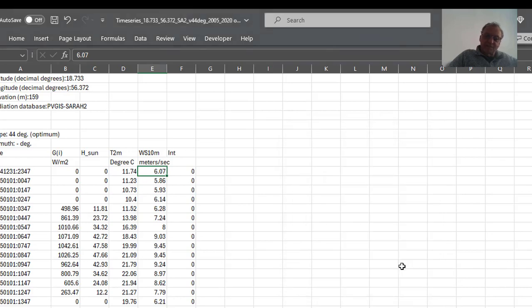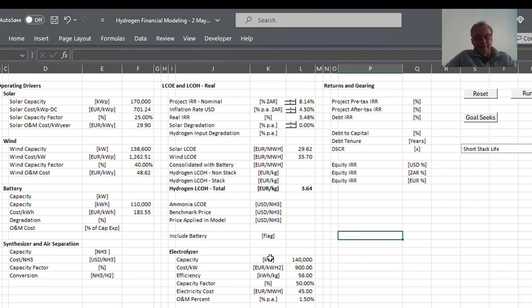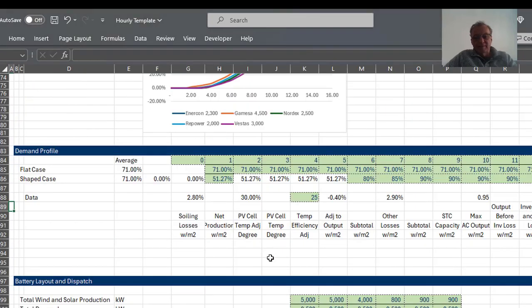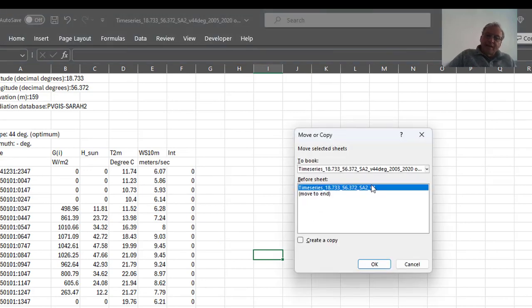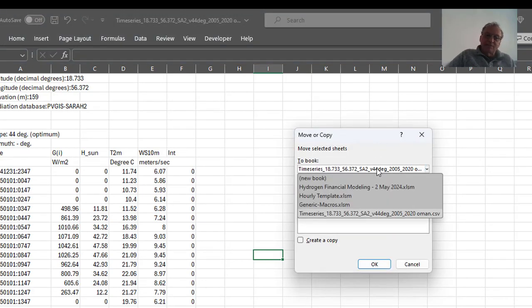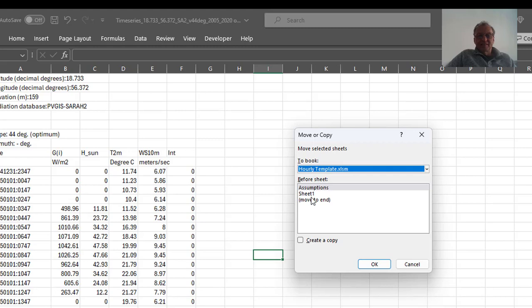But before I do that, what I'm going to do is save this hourly template without any of the hourly data. So the idea is Alt-E-M, and then you can move it. Where's our hourly template? Let's put it before sheet 1. That was kind of an extra sheet.